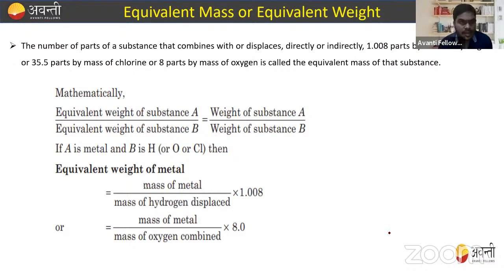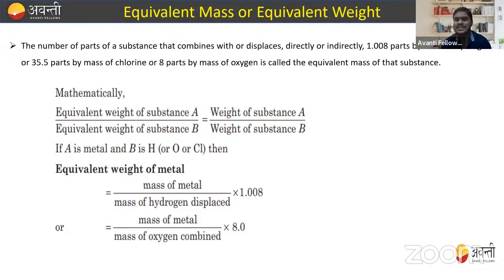Let's see. The number of parts of a substance that combine with or displace, directly or indirectly, 1.008 parts by mass of hydrogen, or 35.5 parts by mass of chlorine, or 8 parts by mass of oxygen, is called the equivalent mass of that substance.